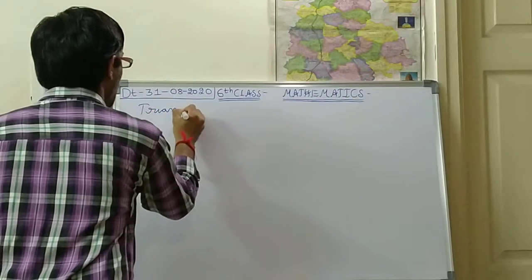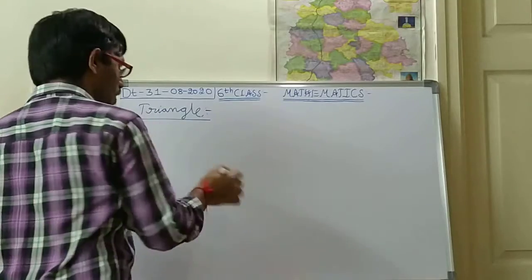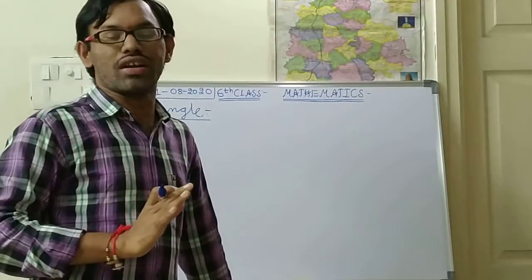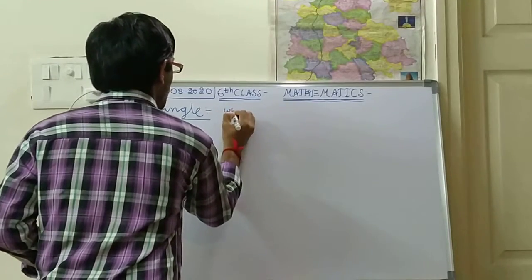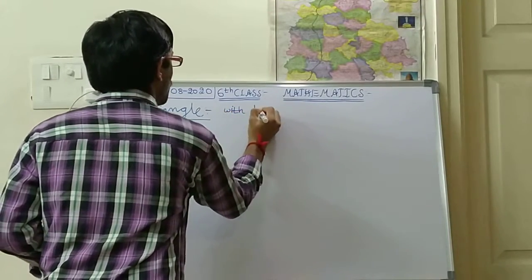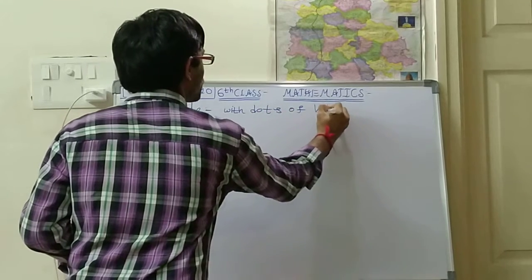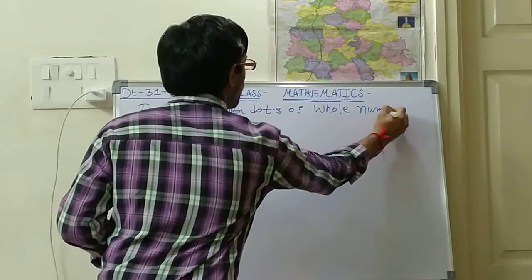First we should have a clear idea about what our homework is, what we should do, and what the given things are. The homework is triangles with the dots of whole numbers.